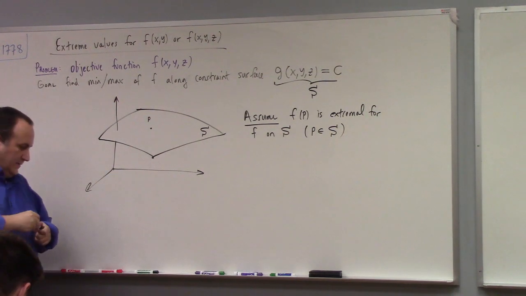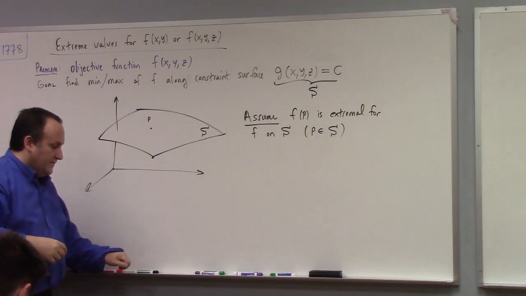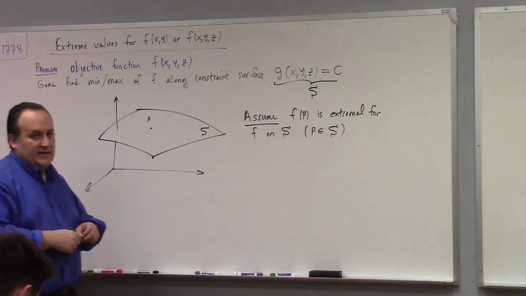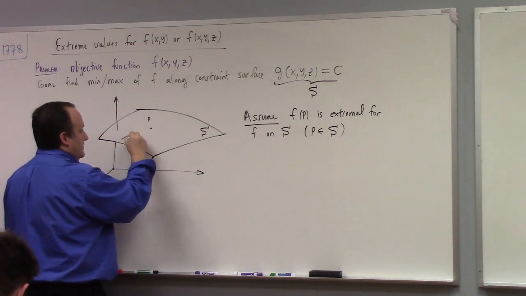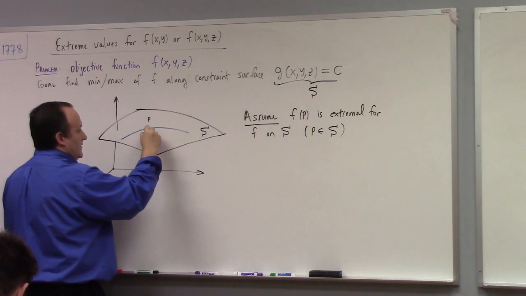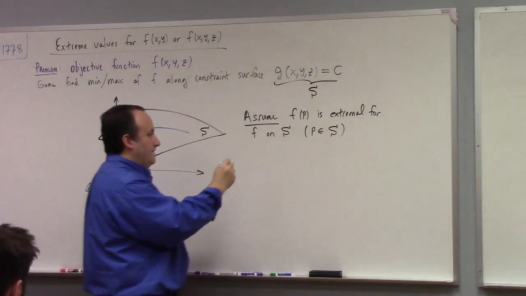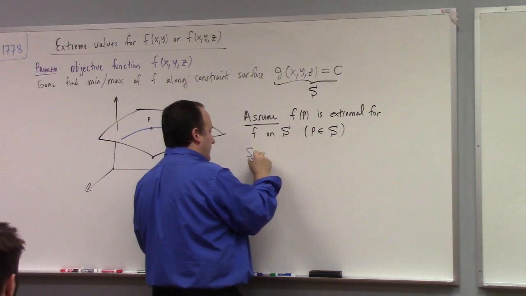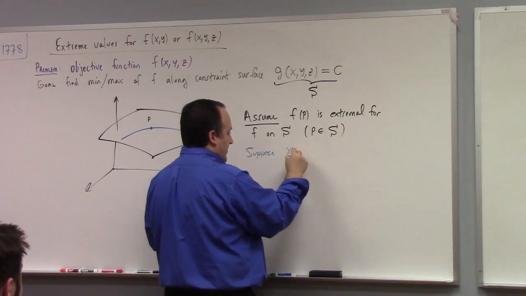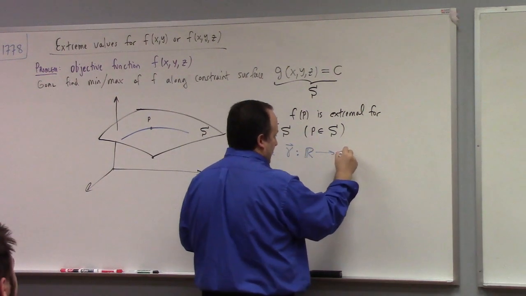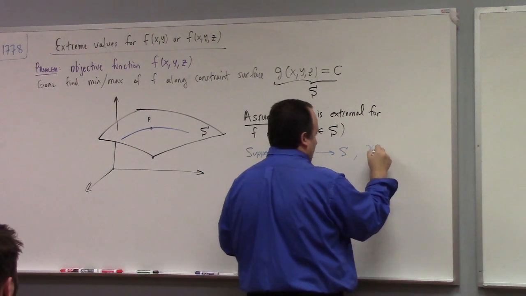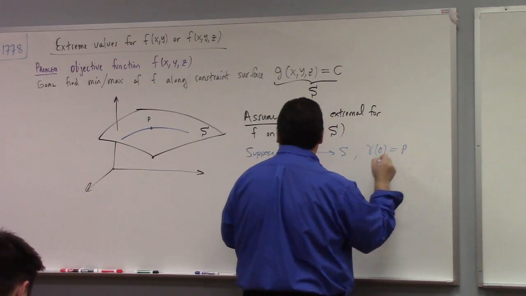Okay, so you guys tell me, if I take a curve on the surface, let's call it gamma because why not? That's what I always call it. So let's suppose gamma is a path from R to S, and gamma of 0, let's let it be P, just for the sake of discussion.